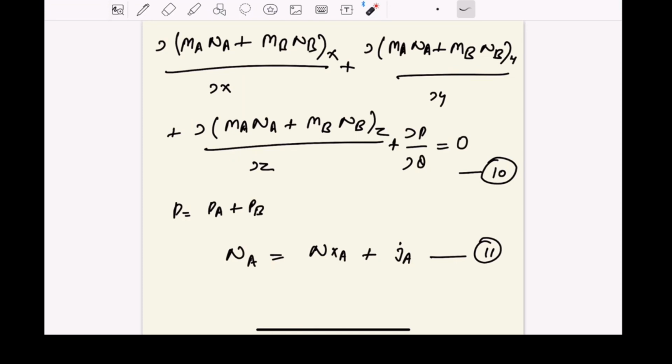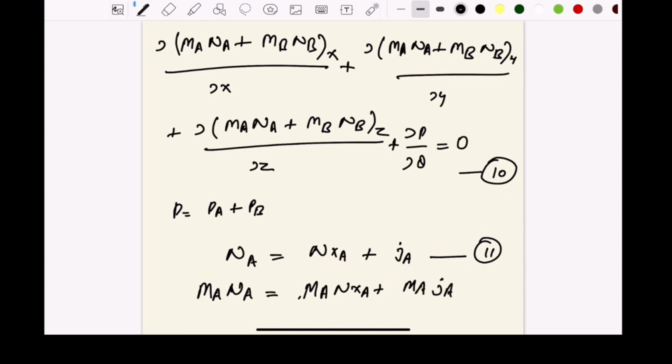So, for component A, we can write, multiplying both sides by the molecular weight MA: MA NA is equal to MA NA,bulk plus MA JAx.